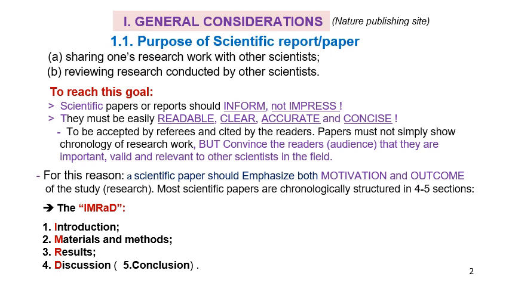It can also be called the background for other types of journals. 2, M for the material and method. Other journals just consider the section methods instead of material and method. And R stands for results, 結果. And 4, D, the discussion.